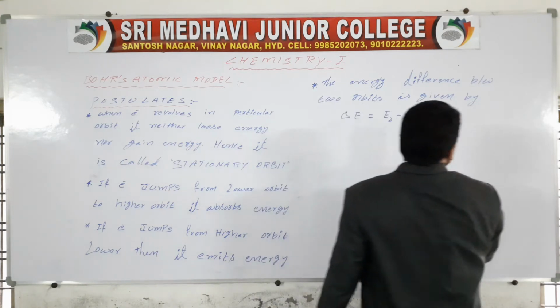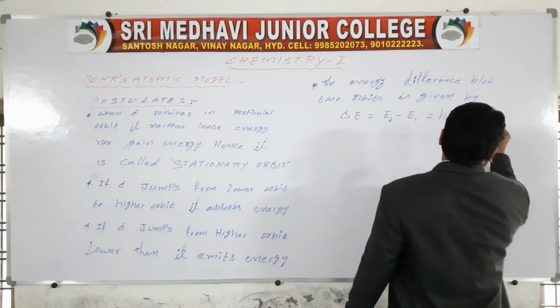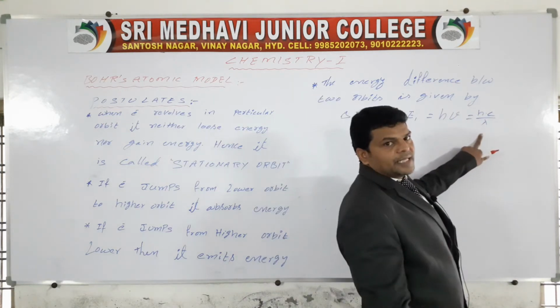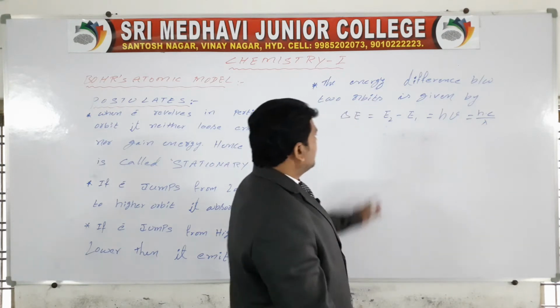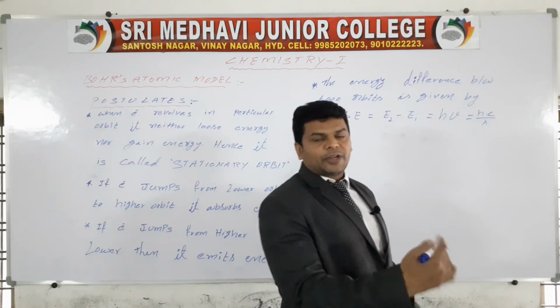Nu equal to c by lambda, so delta E equal to hc by lambda. Here E2 equal to higher orbit, E1 equal to lower orbit.